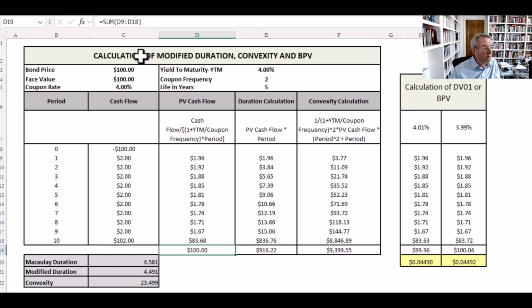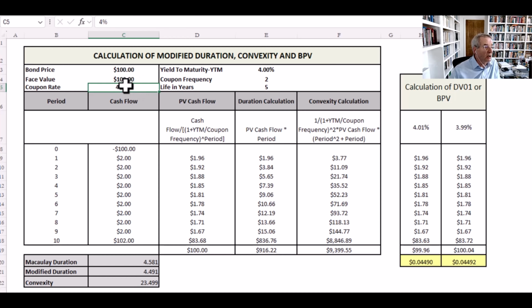So let's consider now what happens to this bond, which only has a 4% coupon, if it needs to be priced to yield 5%. Notice the language carefully that I use there. What we're looking at is what is the price that this bond must trade at in order to yield 5%.